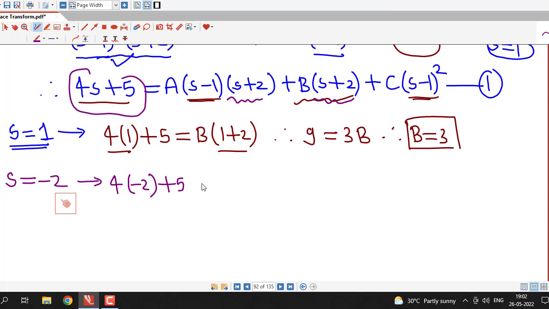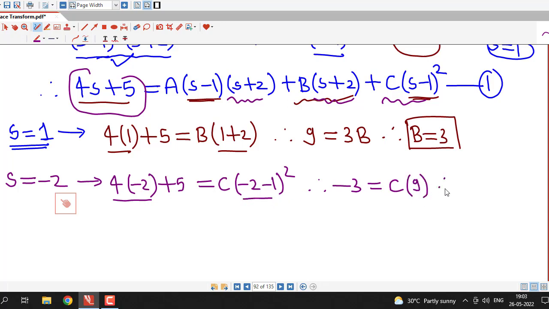So these two will become 0 and we will have C times (minus 2 minus 1) whole squared. Therefore 4 into minus 2 is minus 8, plus 5, that is minus 3, equals C times the square of minus 3, which is 9. Therefore C equals minus 3 by 9, and we obtain C equal to minus 1 by 3.